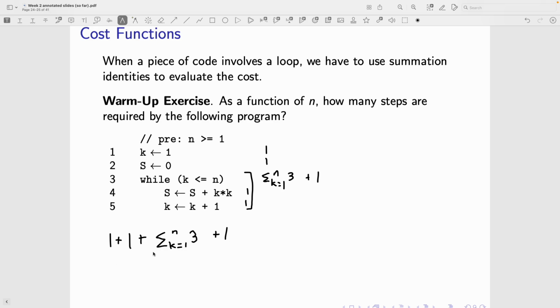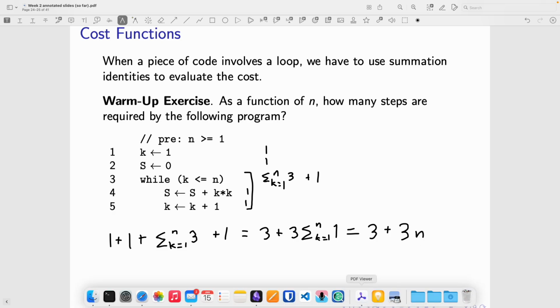And then we'll simplify it. There is one more step for the summation identity, but I'm pretty sure this is just 3n. And I think that's it for the quiz, actually.